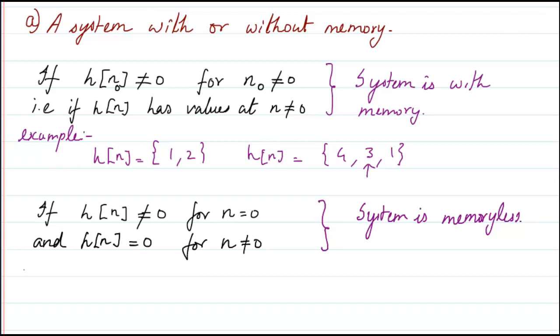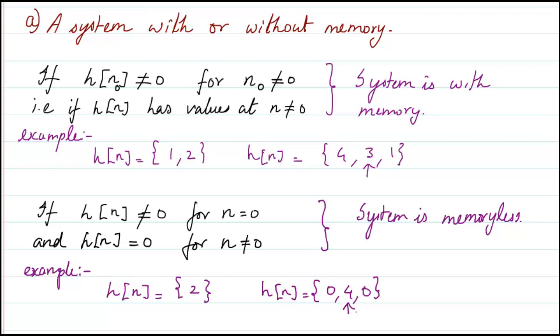It means you will have only one value, and that value will exist only at the 0 axis, at n is equal to 0. In that case the system is called a memoryless system.